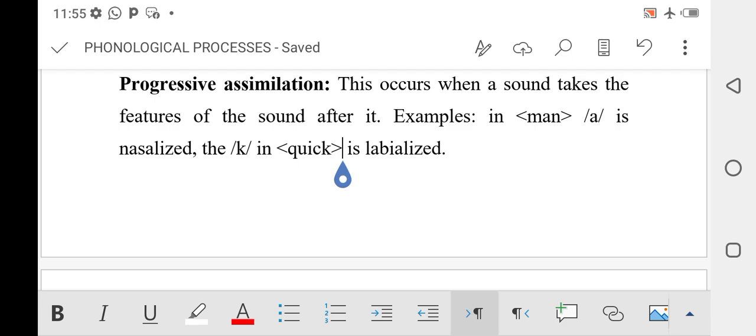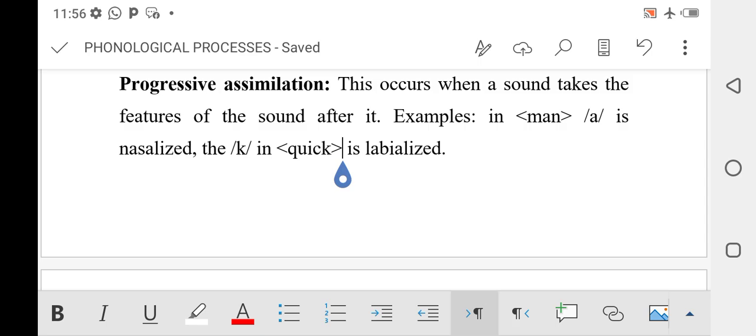And because this nasal sound comes after A, A becomes nasalized because of the nasal sound that comes after it. We say that nasalization of A in man is progressive assimilation.